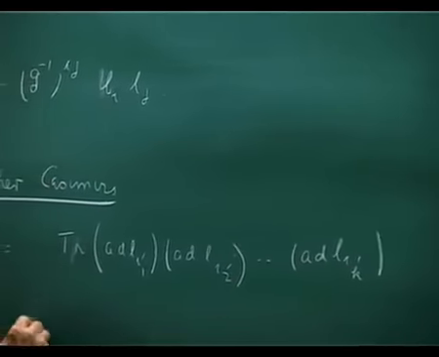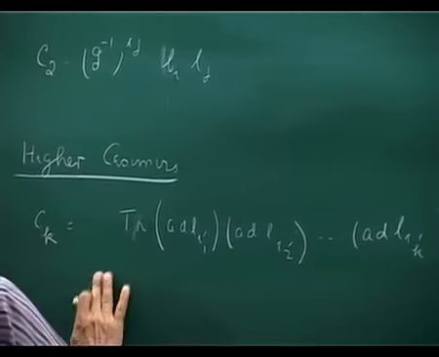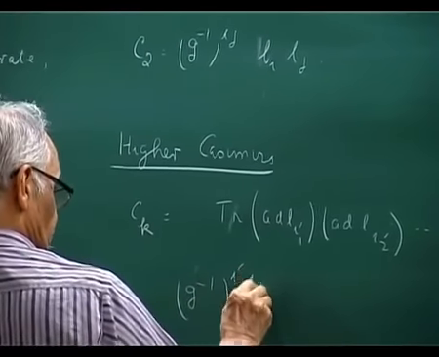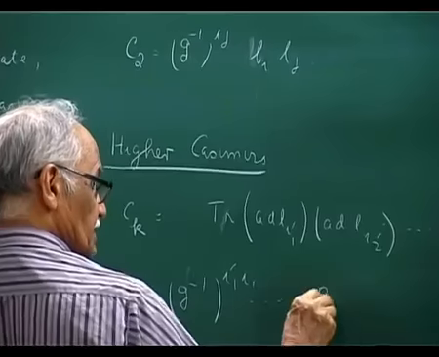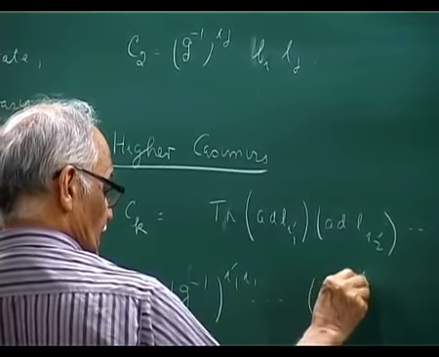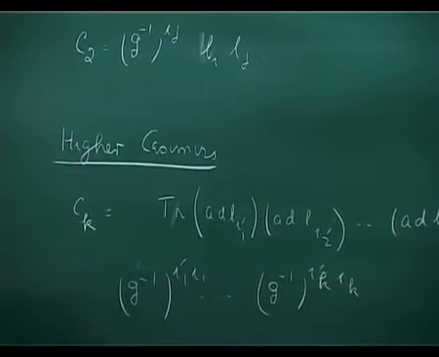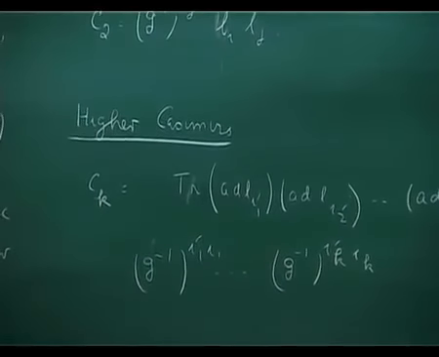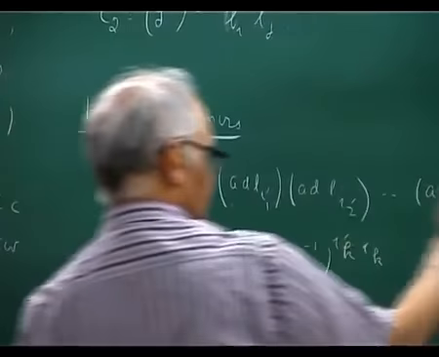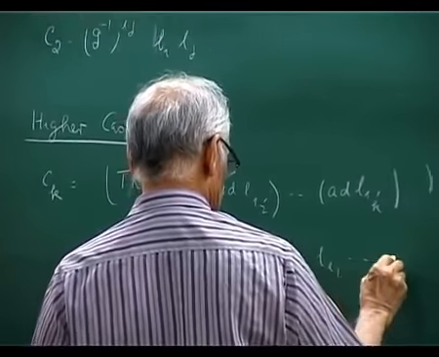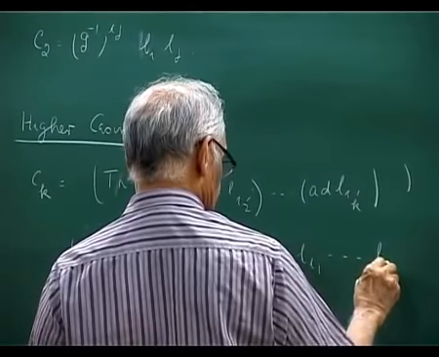Then you multiply it by g inverse i1 prime i1, up to g inverse ik prime ik, times L_i1 up to L_ik.